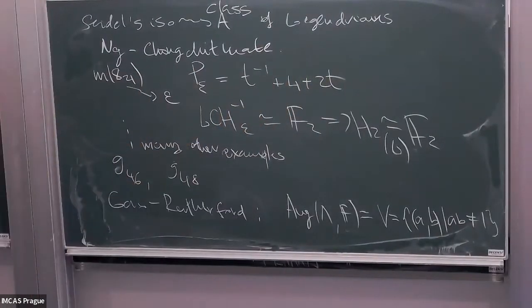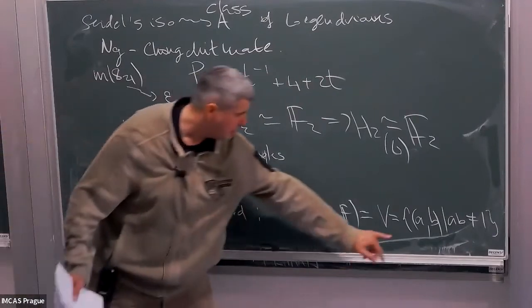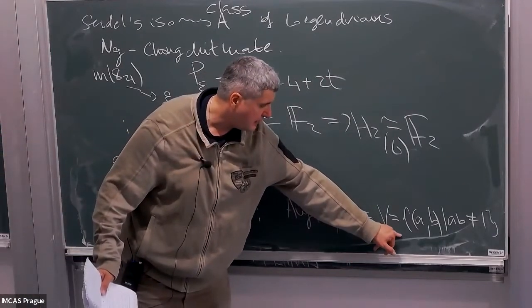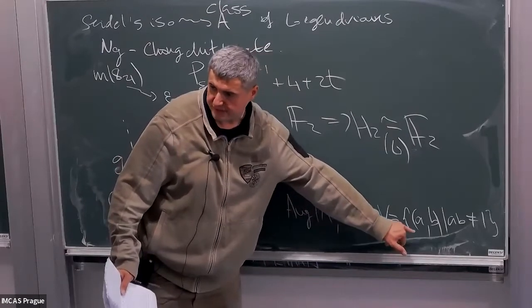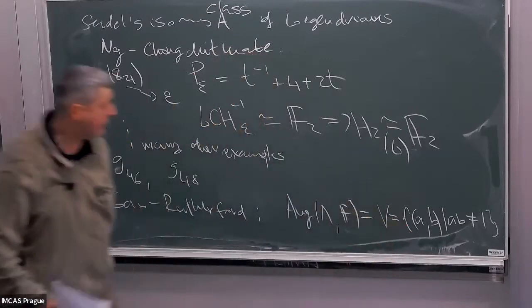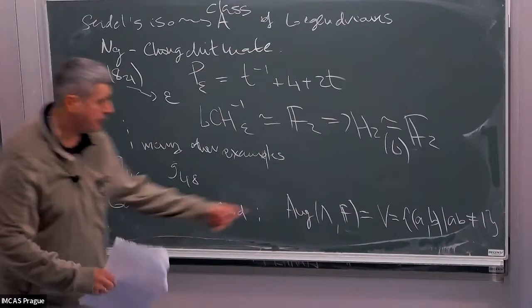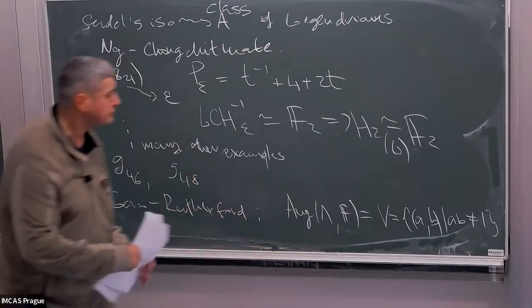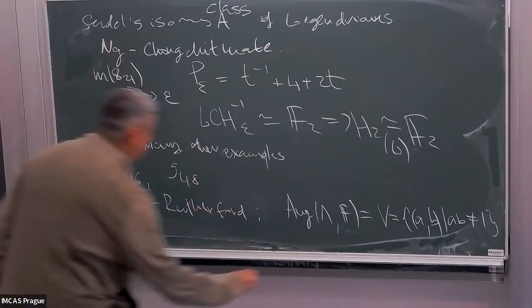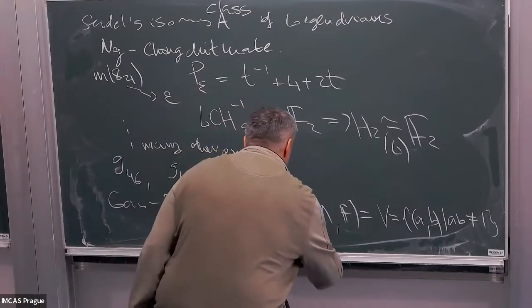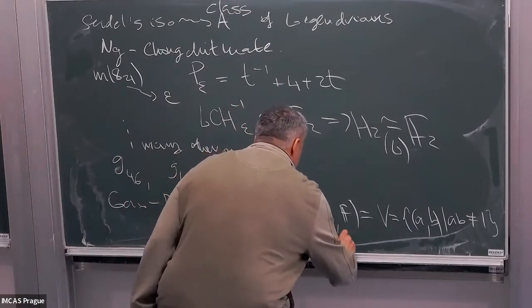So the augmentation variety is algebraically equivalent to the set of such pairs A and B over the field F.